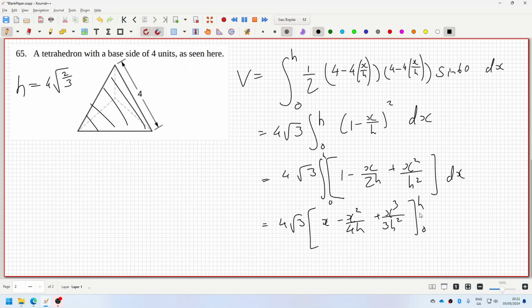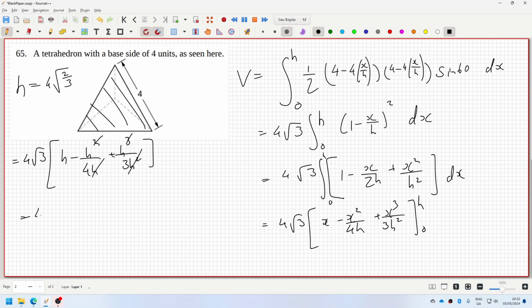0 to h. So I'll just continue it over here. 4 root 3 times h minus h squared over 4h plus h cubed over 3h squared. So that cancels with that, that cancels with that. So it's 1 minus a quarter plus a third.